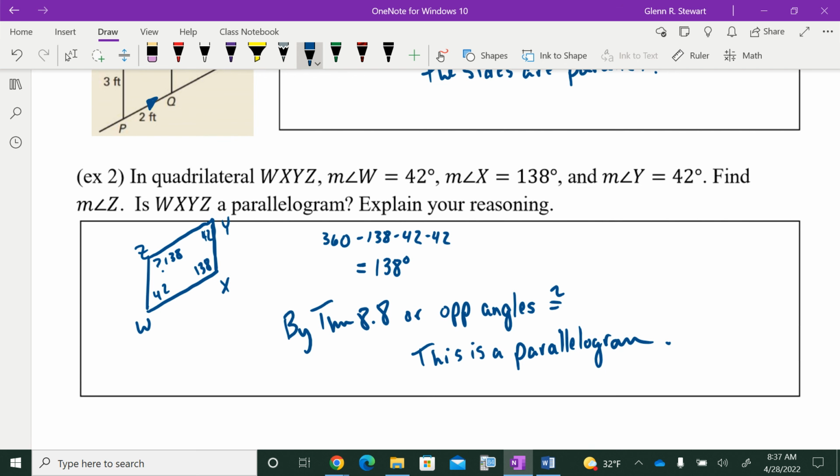And it does have to be both pairs of opposite angles that are congruent. Any questions so far?